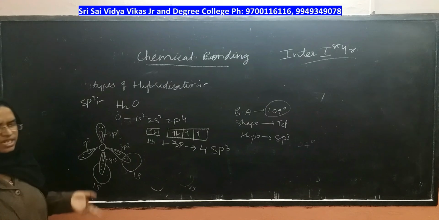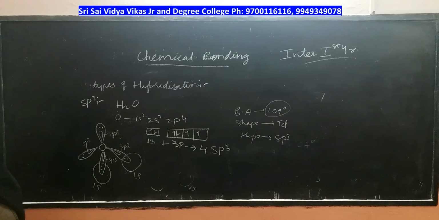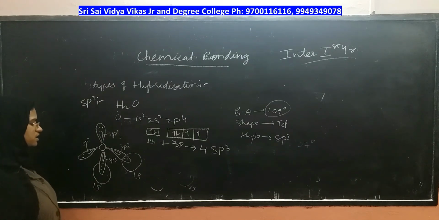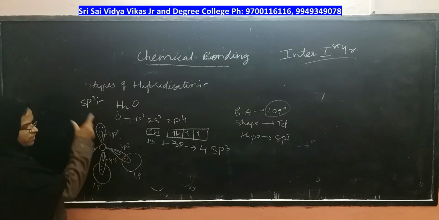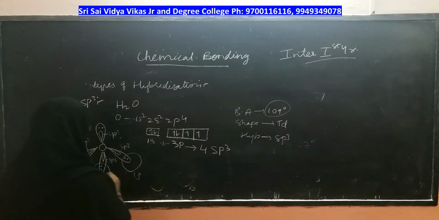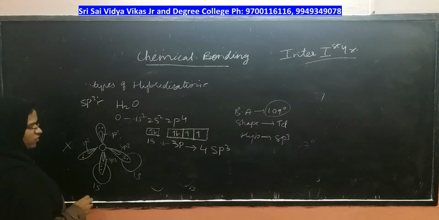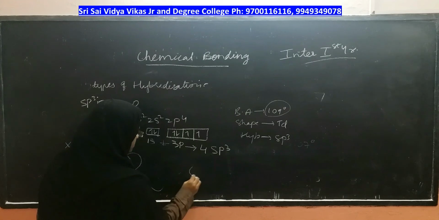Bond pair, anyhow, repulsion will be less. So to avoid those repulsions, these 2 bond pairs come closer and these 2 will be up. So instead of this shape, the shape of oxygen is this.